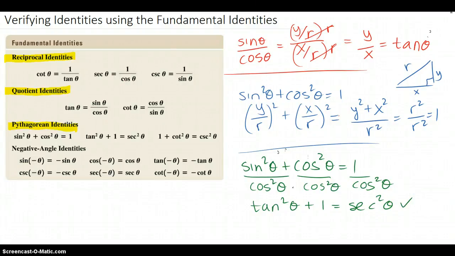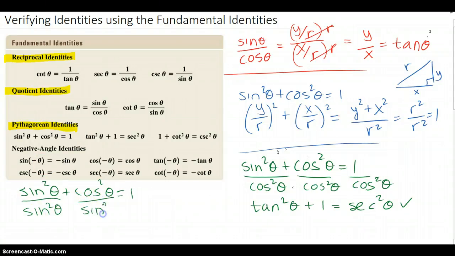To get the third one, you just divide everything by sine squared. So we'll start with the first one, dividing everything by sine squared. What do you get?